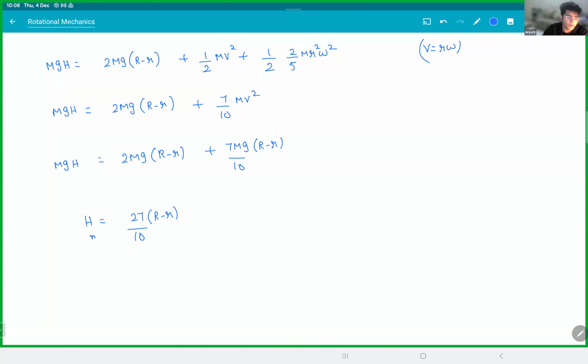Sir, how did you write a 2 mg into R minus R?